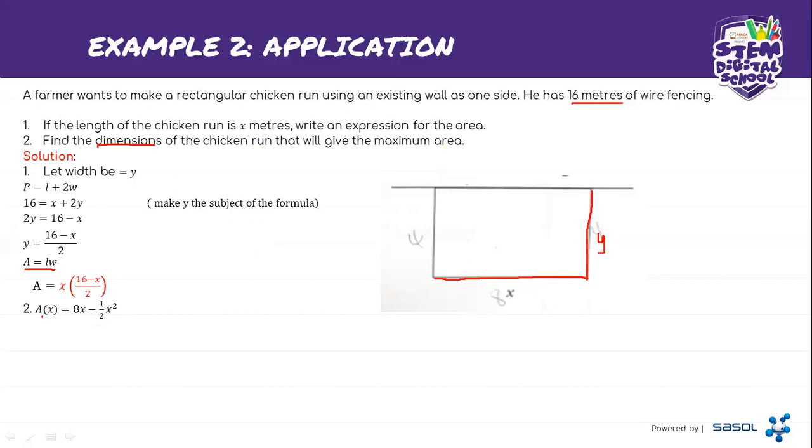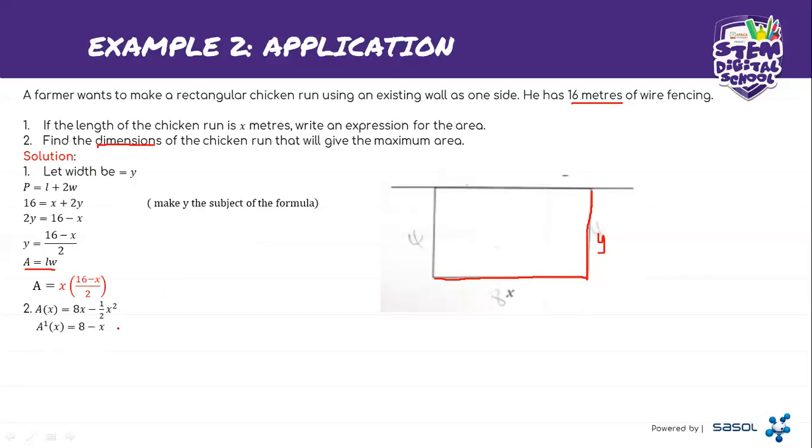Now we can see that we have tried to write it in terms of x, right? Because we're going to derive with respect to x, meaning we are in need of x this time so that we can be able to find the dimensions of the chicken run.